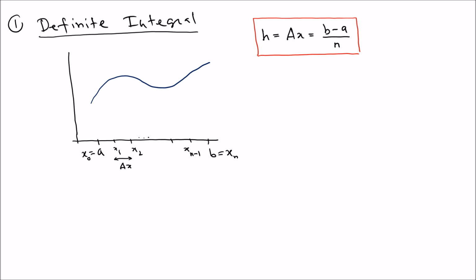Now in each interval, you're going to pick a sample point, just a point inside the interval. It can be an endpoint or something in the middle, but it has to be inside the interval.